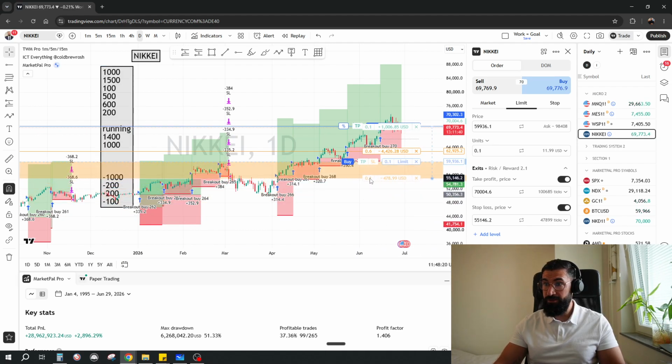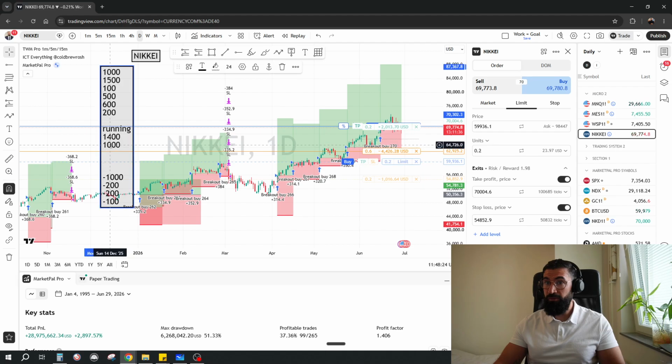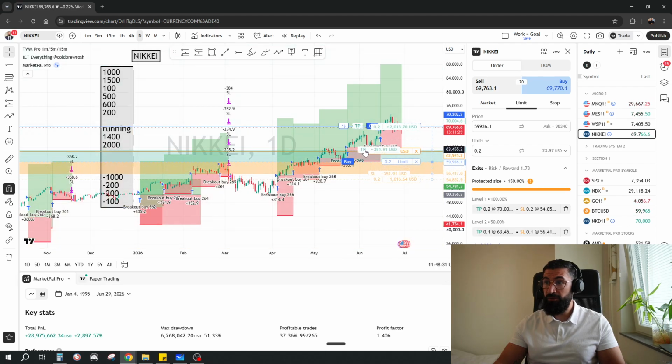Or no, because this stop loss area, this is where I will put more. We have a running profit of $2,000 right there.